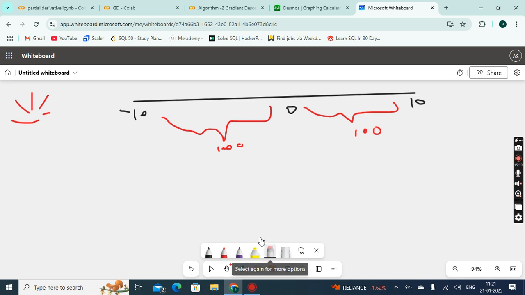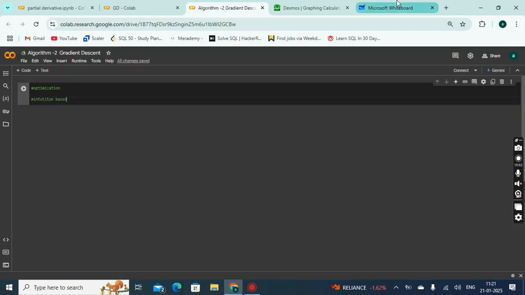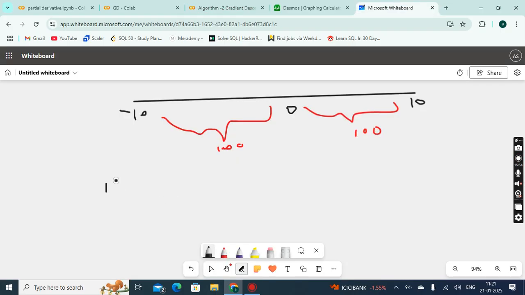So what was happening is that each rotation required some amount of time. If you imagine it this way, any operation in the Python notebook will take around 10 to the power minus 6 seconds.